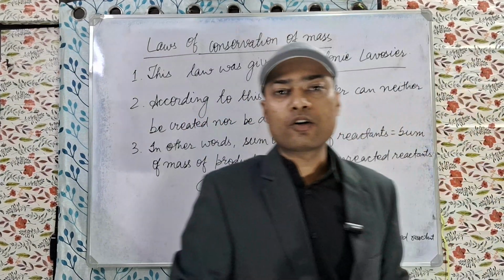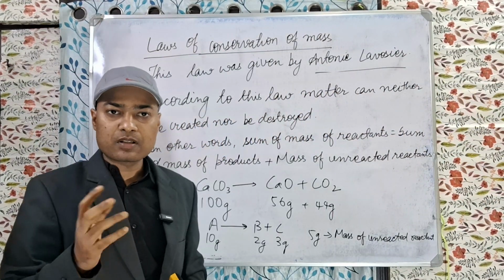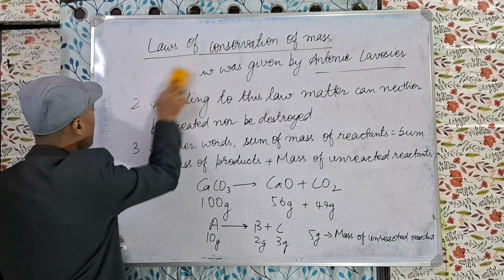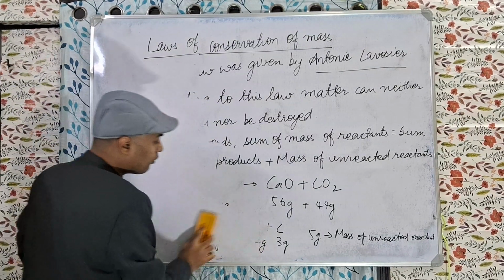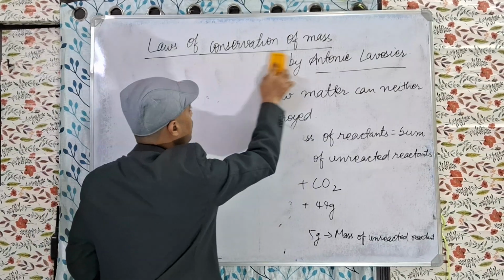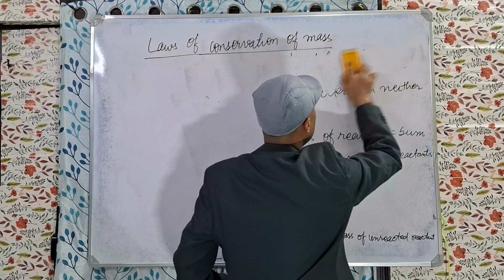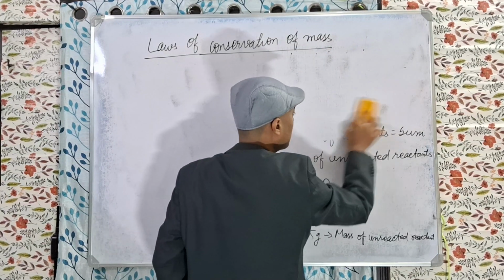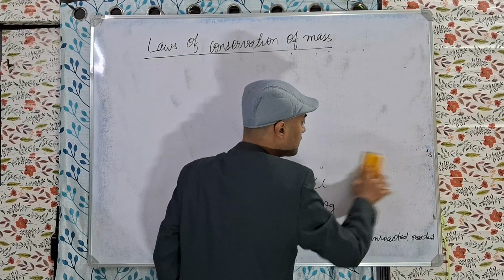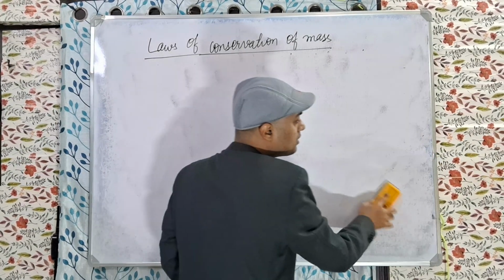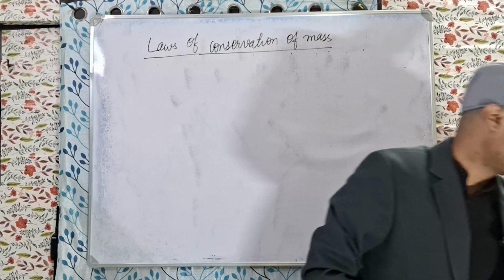Now we are going to talk about the exceptions that we have already discussed. Let us write the exceptions of this particular law. What was the first exception? Nuclear reactions.